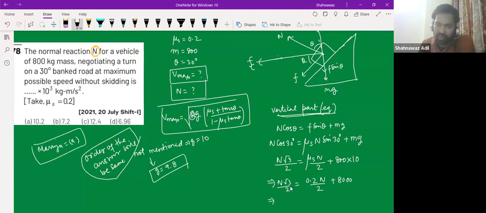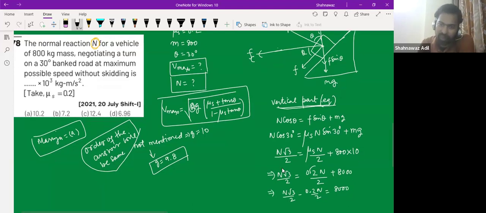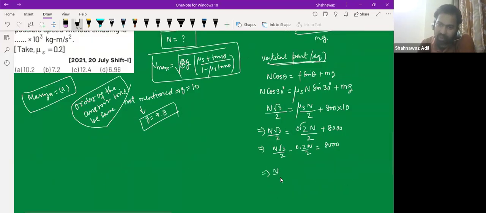Okay, let us calculate this. Let's keep this 2, so 0.2 and 2. So this is N root 3 by 2 minus N times 0.2 by 2, that is 8,000. We have N by 2 common: root 3 minus 0.2, and this is 8,000.